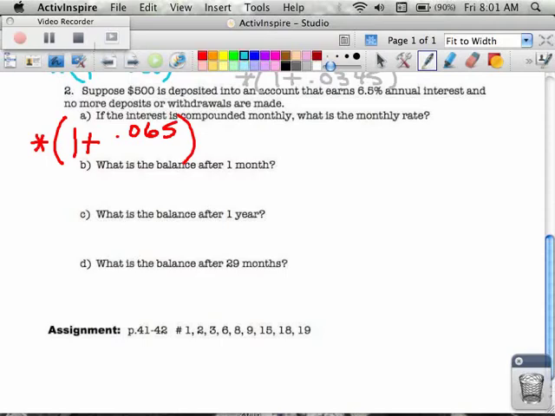And the way that you do that is you just write down over 12. If you just type this in your calculator, it'll do it for you. So this 12 is talking about monthly.